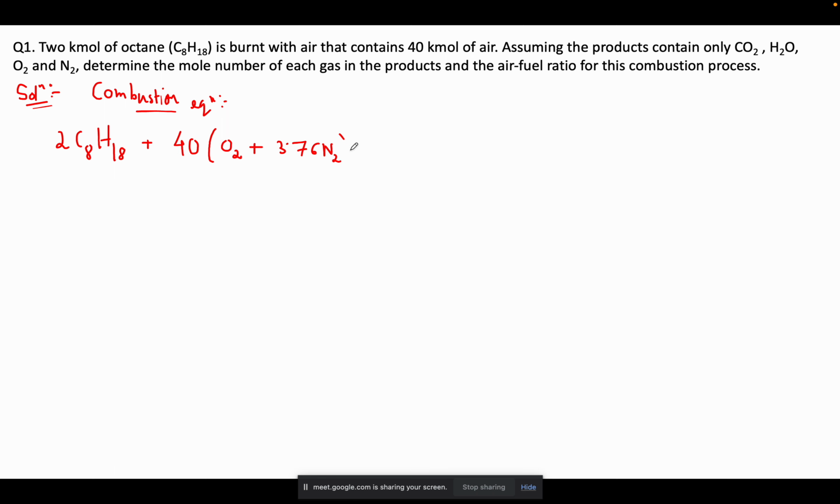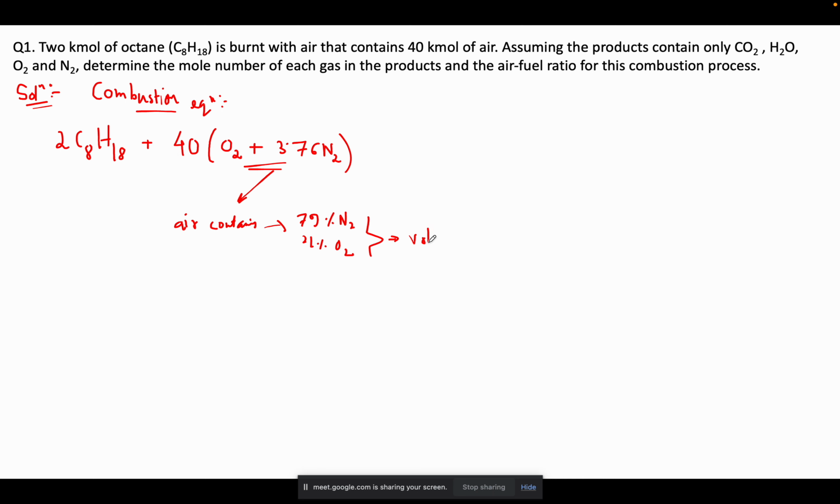Can anyone guess where from this 3.76 N2 came? This is because the air contains 79% nitrogen and 21% oxygen. This is by volume.